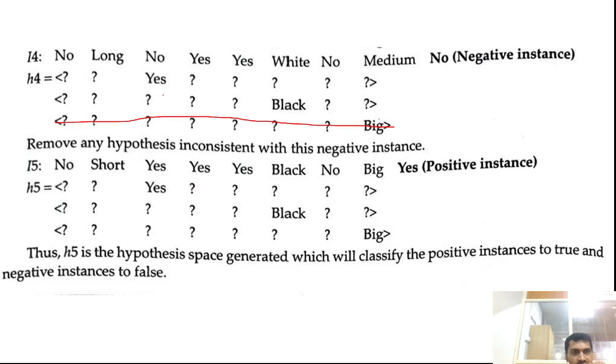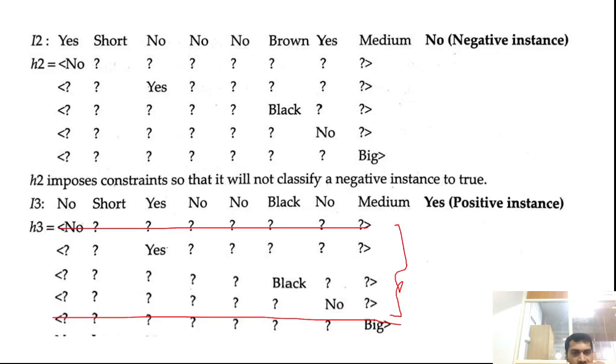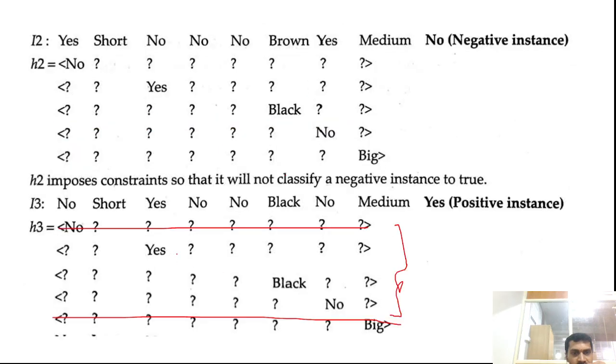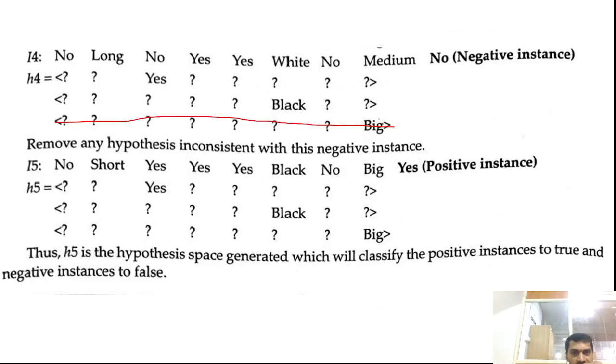The next one is again yes and no, so it is opposite to this instance, so I can keep that. And for color, the color is black for the positive instance. Here it is white, the negative instance, it is opposite to that, so it is matching.